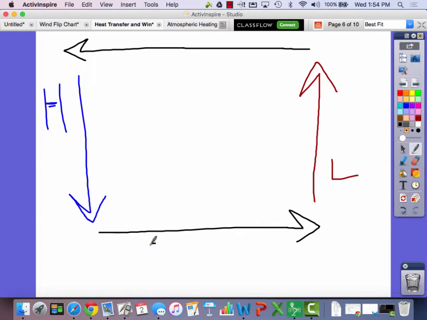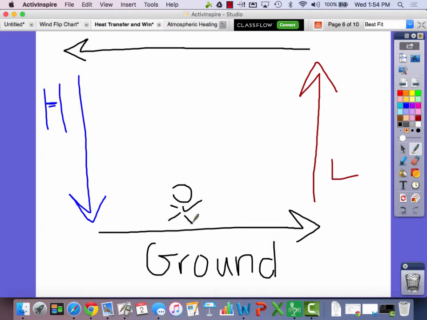So down here, this is the ground. We have a little guy down here. He's gonna fly. Okay, and up here we have the atmosphere.